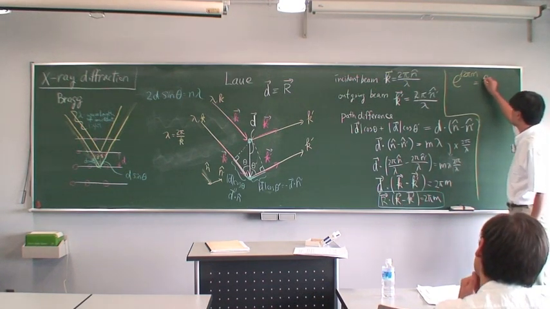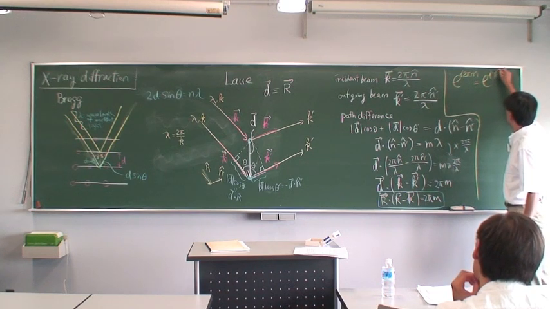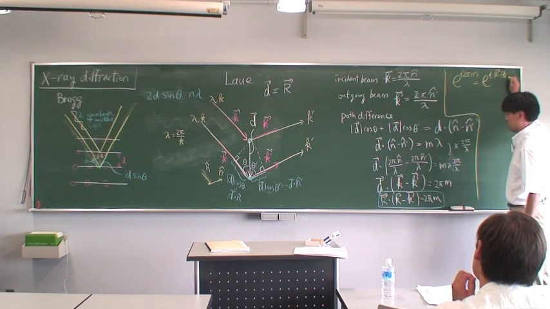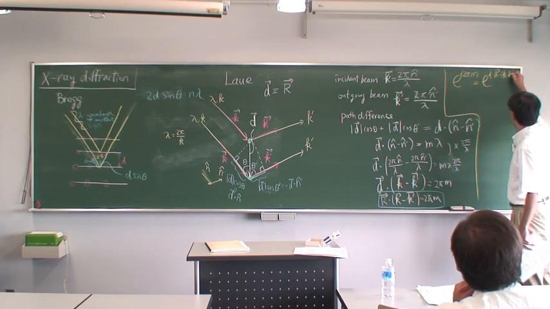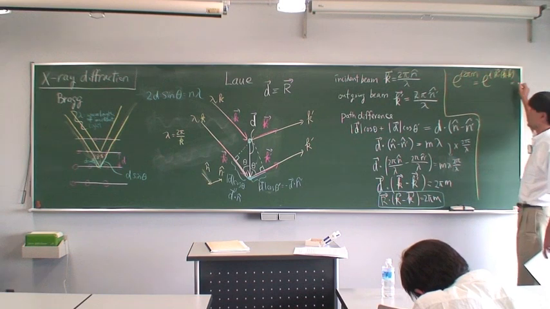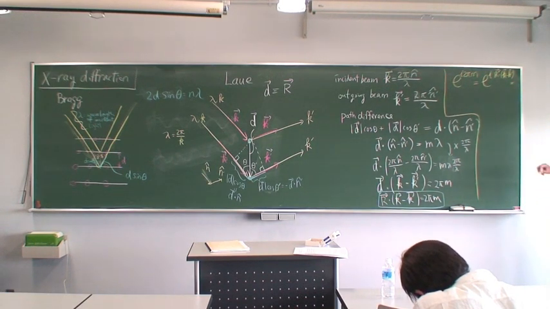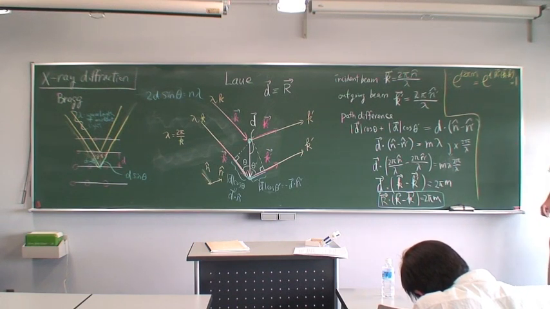So this becomes e to the i R dot k minus k prime, and that equals 1, because this is 1, right?